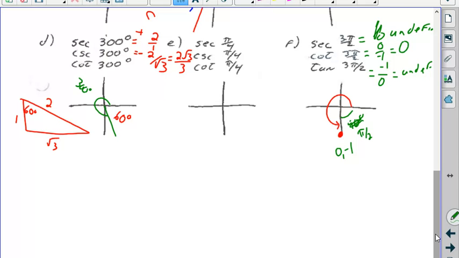And all I'm doing with that is using my cardinal points and our triangle definition. Because that point there was (0, -1), sine is opposite over hypotenuse, -1 over 1. That's how I get my sine. Take the reciprocal of cosine. Cosine is 0 over 1, so cosine would be 0. The reciprocal of cosine is secant, 1 over 0. That doesn't work, that's undefined.